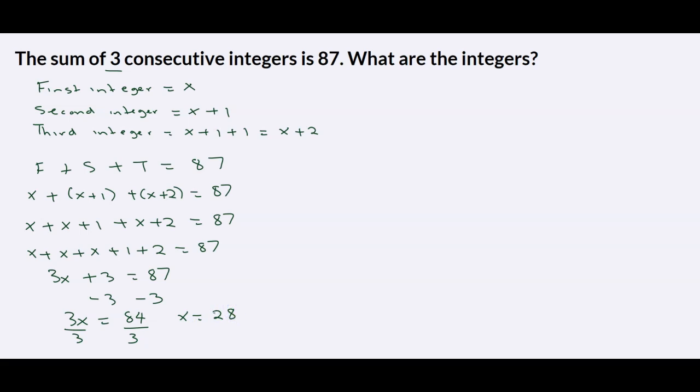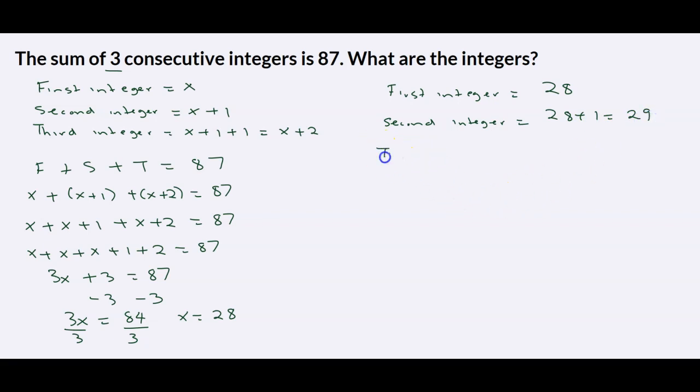So now that we found x, the question is asking what are the integers. So we need to find the first integer. So the first integer is going to be 28. The second integer is 28 plus 1, which is equal to 29.